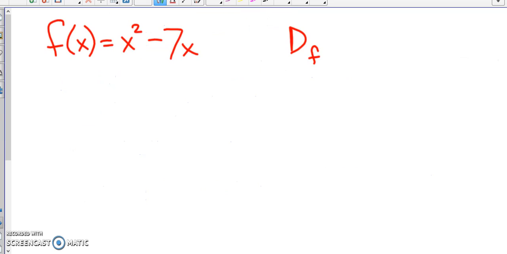Is there division? No. Is there a square root or a fourth root that's in the equation already? No. So if there's no division and there's no even root, there's no problem. What's your domain?